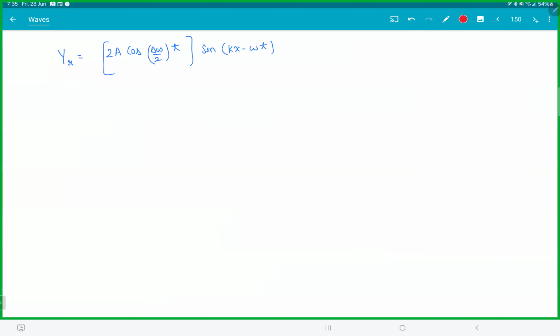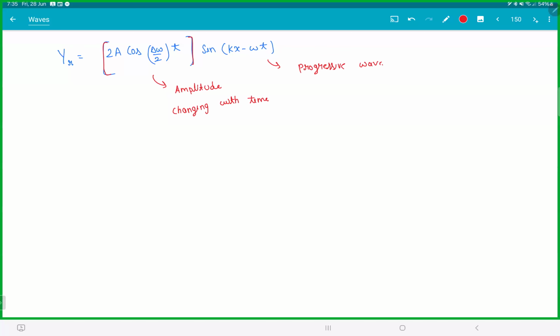In a stationary wave, amplitude was changing with position. This is an amplitude that changes with time, and this is your progressive wave.